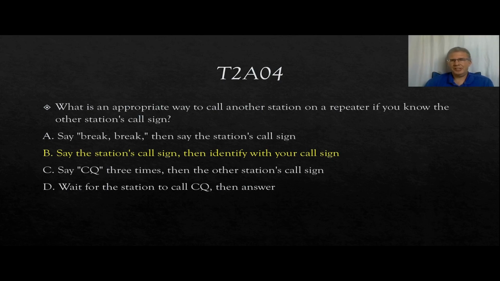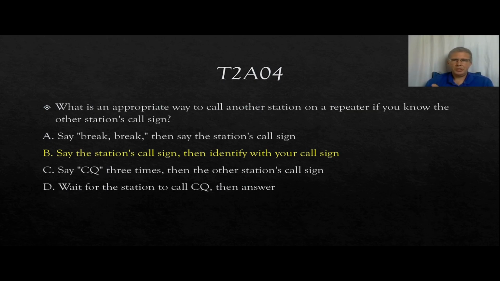So in this instance, somebody is calling out on the repeater. This is a great way to do it. Say, hey, W3WW, this is KM8YOR, and then you're letting that person know that you're out there, you want to talk to them, you give them your call sign so they can respond back.